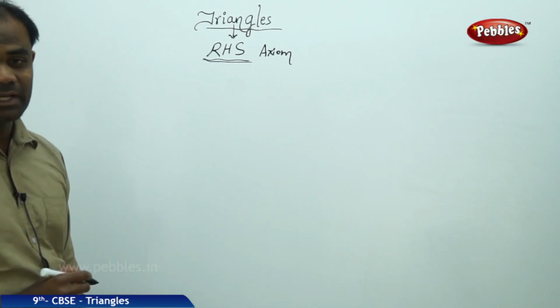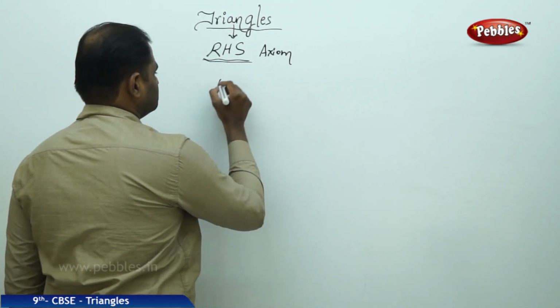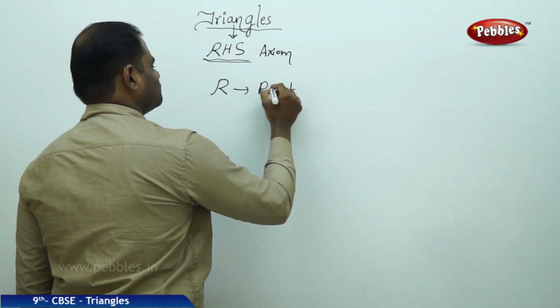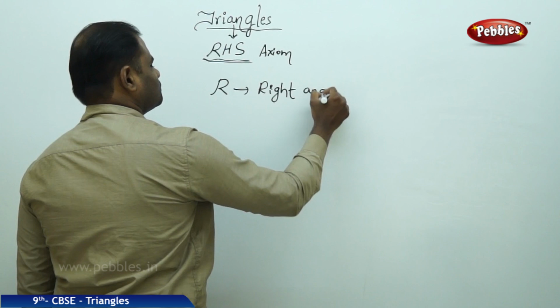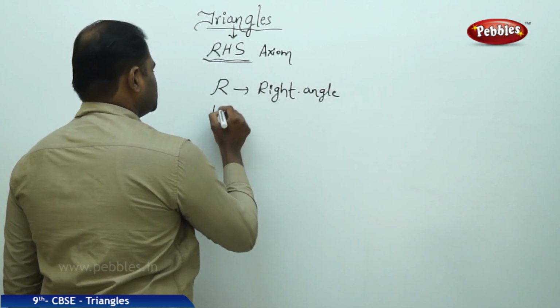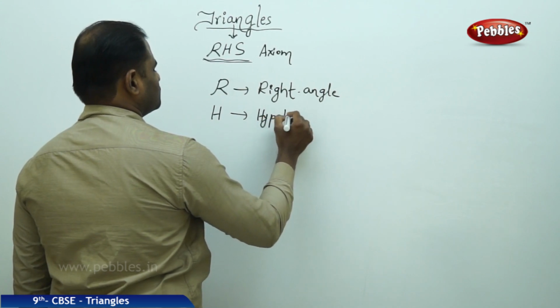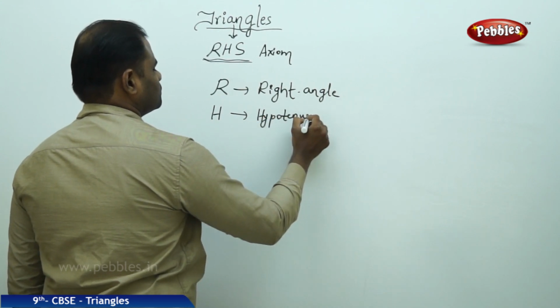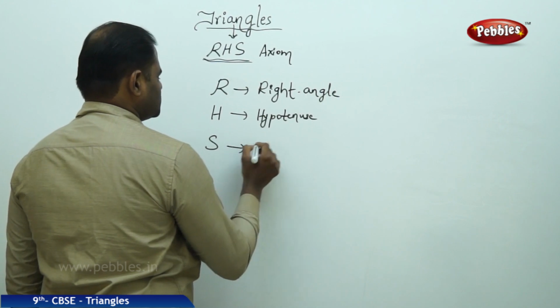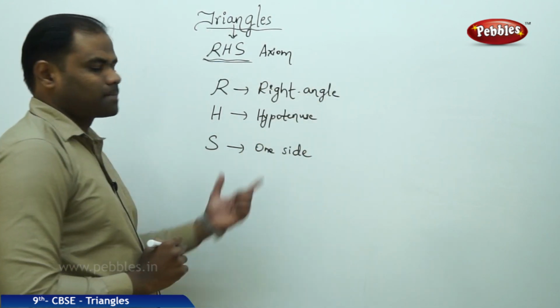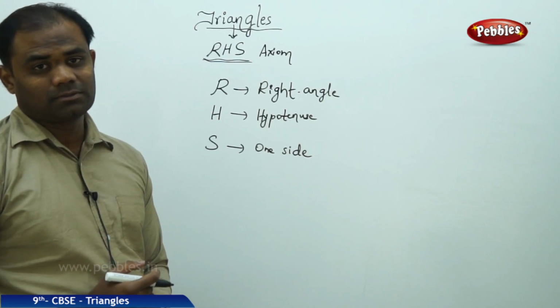R stands for right angle, H stands for hypotenuse, and S stands for one side other than the hypotenuse.